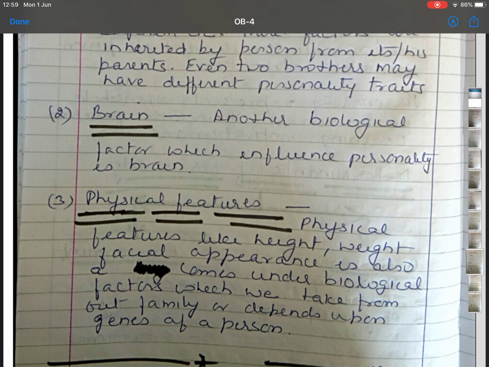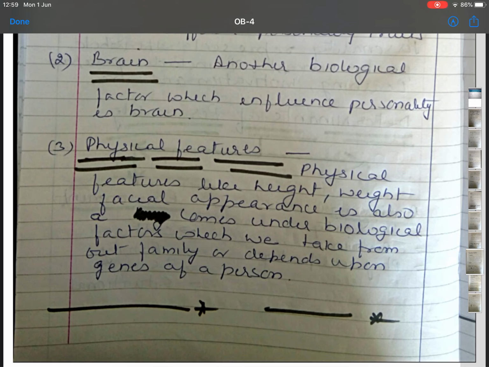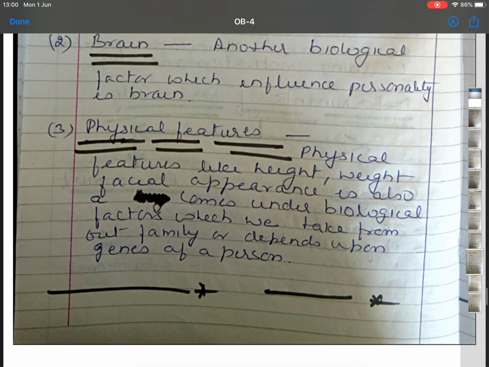There has been research that some people are born intelligent; there is a chance that if the parents are very brainy, the kid will be born with an intelligent mind. Then the third is physical features. Physical features like height, weight, and facial appearance also come under biological factors, which we take from our family, and depend upon the genes of a person.